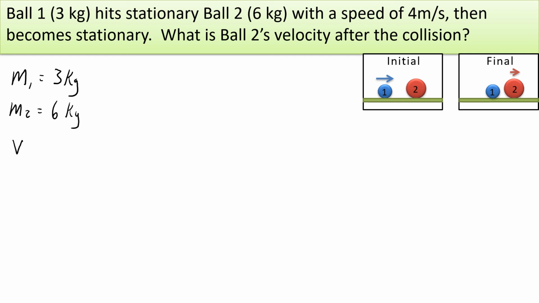So we should write V2I is equal to 0 meters per second. And it says with a speed of 4 meters per second. So ball 1 hits it with a speed of 4 meters per second. That means the velocity of ball 1 initially is 4 meters per second. Typically, I'll write it like this because I try to go in the order of 1, 2, 1, 2, and then initial, final.